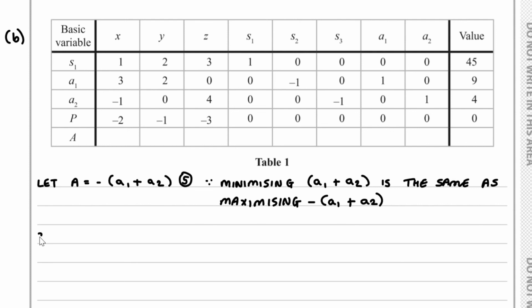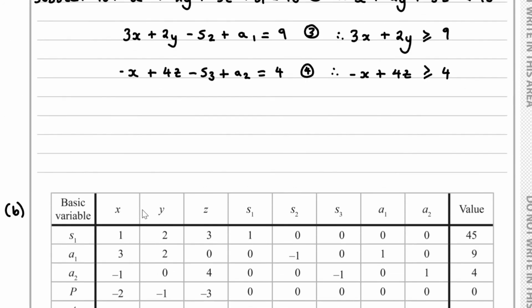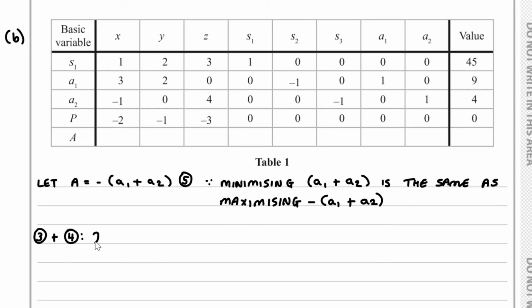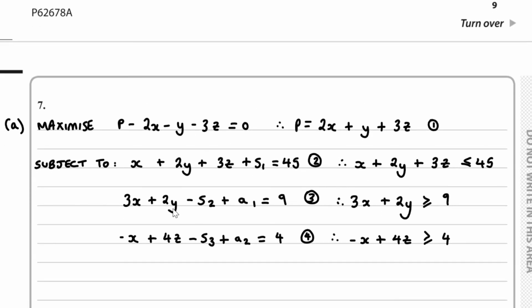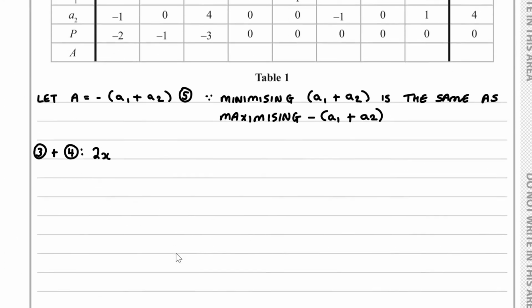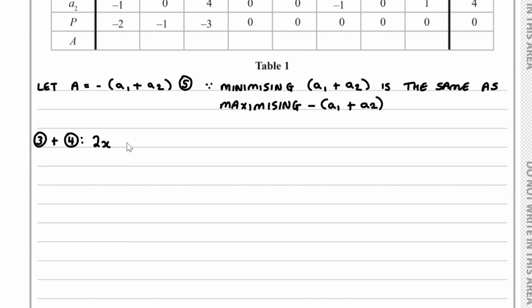So if we add together equation 3 plus equation 4, well here we've got 3x minus x, that's 2x. And then we've got 2y and 4z. So we add on 2y and 4z.